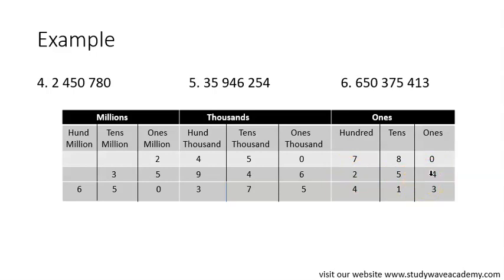Do we understand this? We place 35,946,254 in the place value system. Okay. Next we have 650,375,413. We are to place this in the place value system.